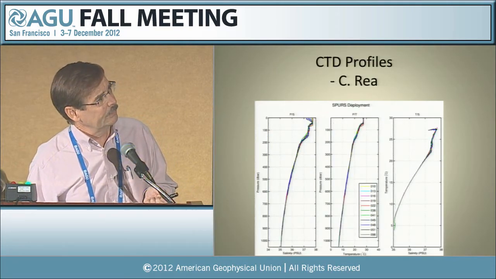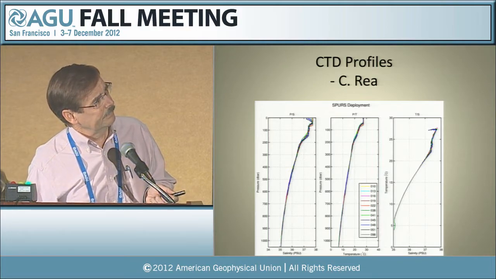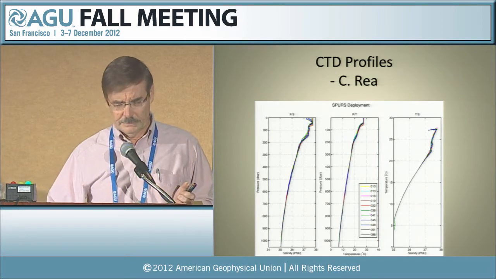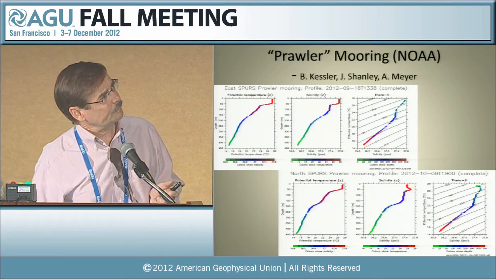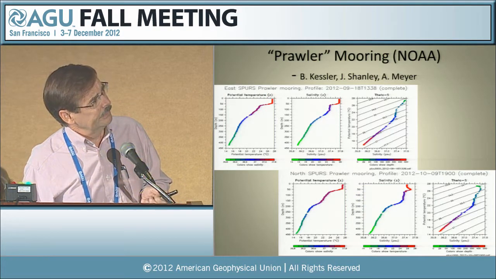We have a lot of CTD profiles. These go to quite deep, but within this salinity maximum, there was a good 50 to 60 meter thick mixed layer. Here's some data from the crawler moorings. We see the salinity maximum is right at the surface, so we found the surface outcrop of the salinity maximum.